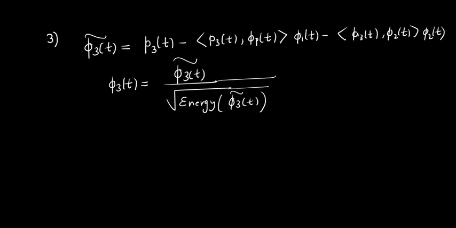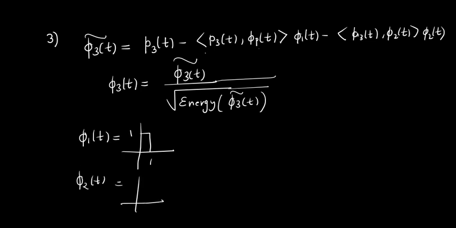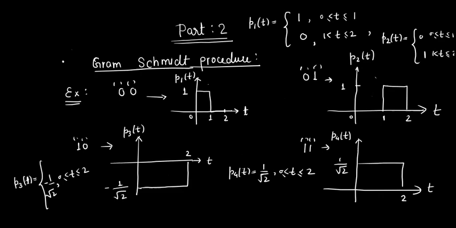So, you need to find out this and this first. So, we have phi 1 t as p 1 t, which is the same as this, and phi 2 t is p 2 t, which is the same as this. And p 3 t, going back, is this.